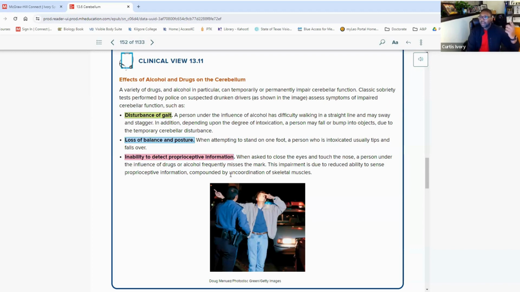Also, cognitively, which they don't mention, you can essentially make someone count or do their ABCs backwards. Now, I'm going to be honest, even being sober, I cannot do my ABCs backwards. I got XYZ or ZYX. That's the furthest I probably can go.